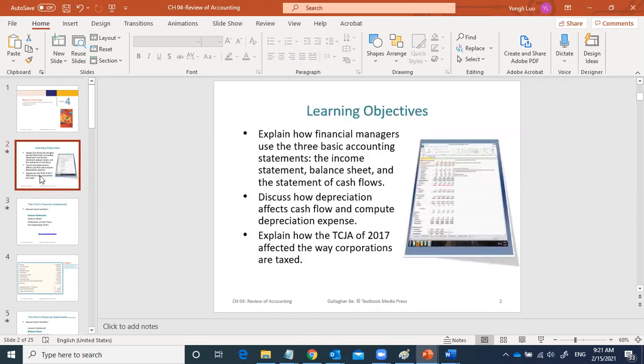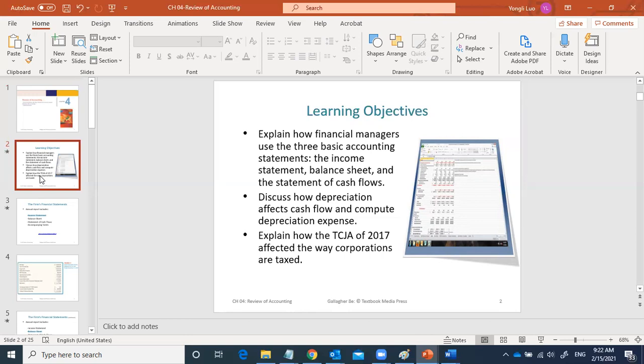So first, let's look at the learning objectives. There are three. One, explain how financial managers use the three basic accounting statements: the income statement, the balance sheet, and the statement of cash flow.